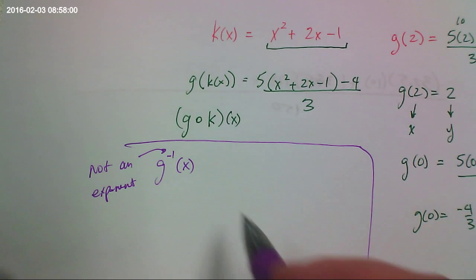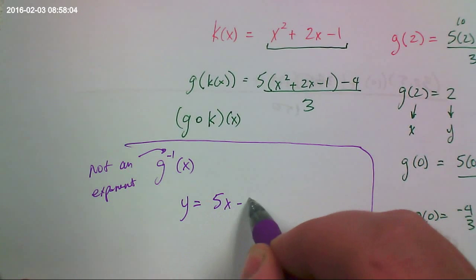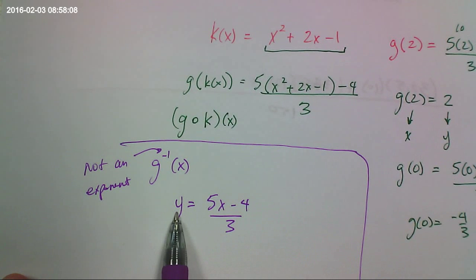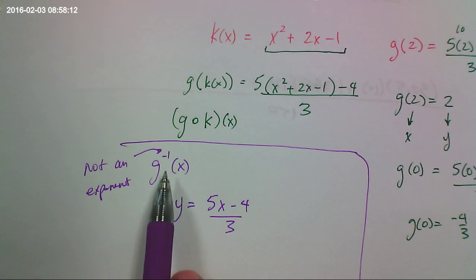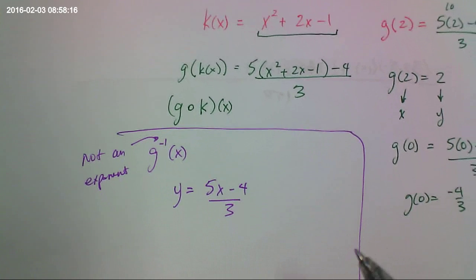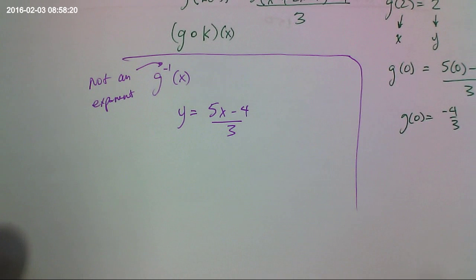Do you remember that g of x is the same thing as y? Do you follow me? So what it's asking for is the opposite function, the inverse function, that does the opposite arithmetic with respect to the order of operations.